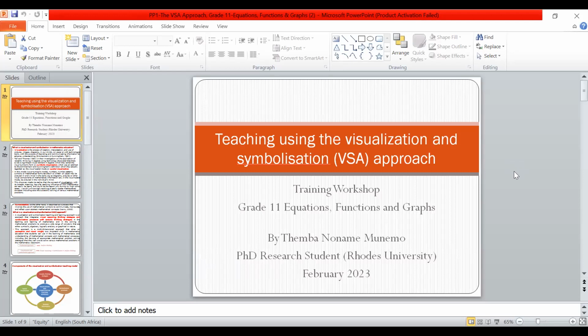And there are three methods all in all. And this visualization and symbolization teaching approach applies all the three, depending on what type of question an individual is looking at. So in other words, all the three methods of determining a solution belong to this approach.